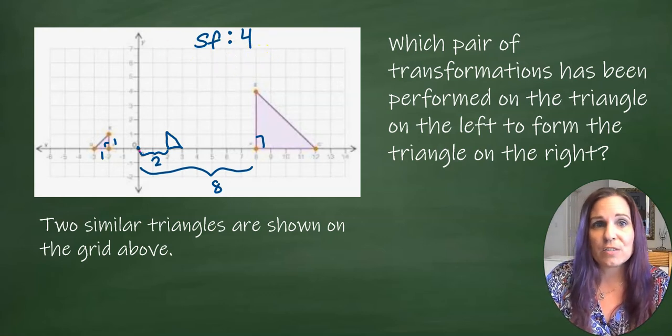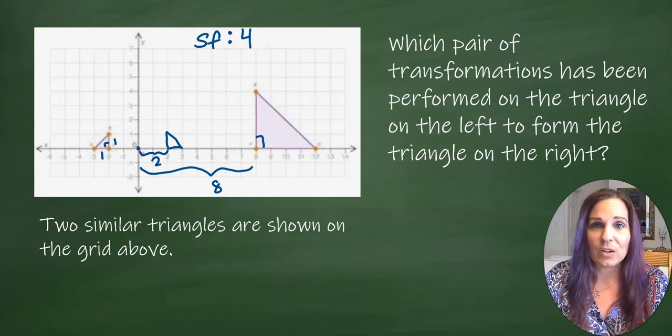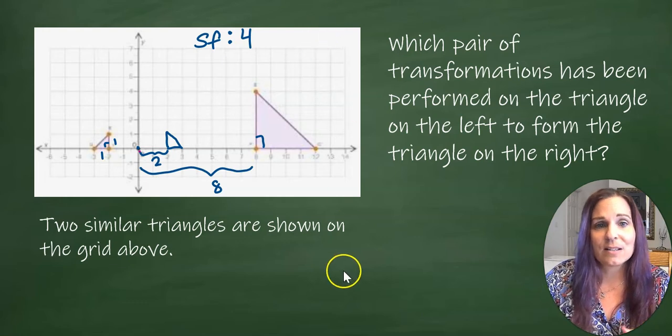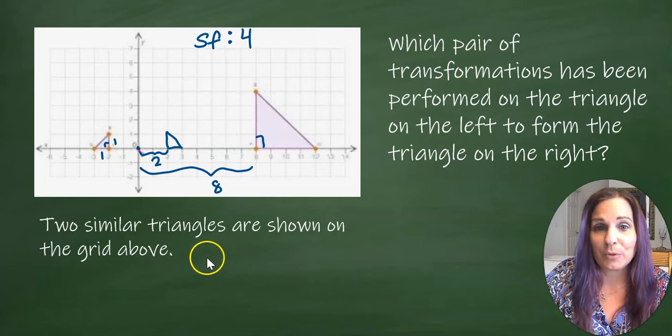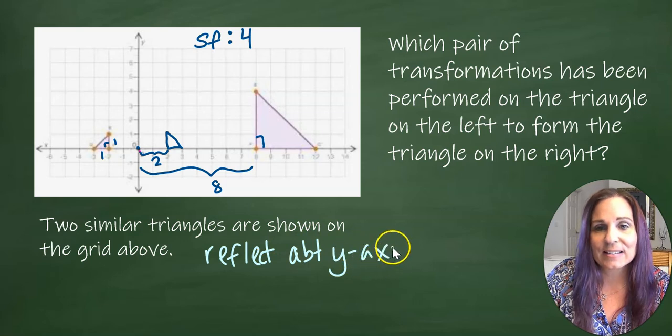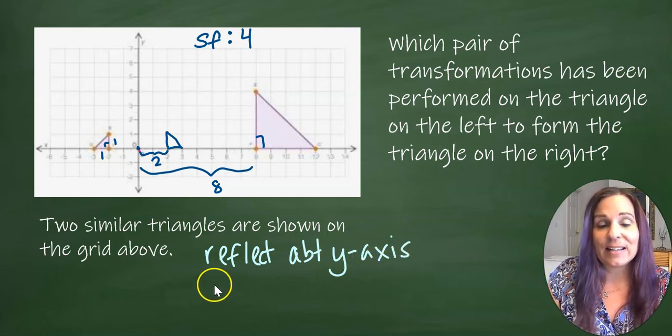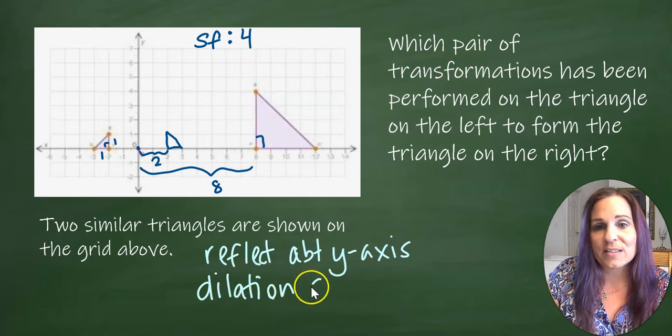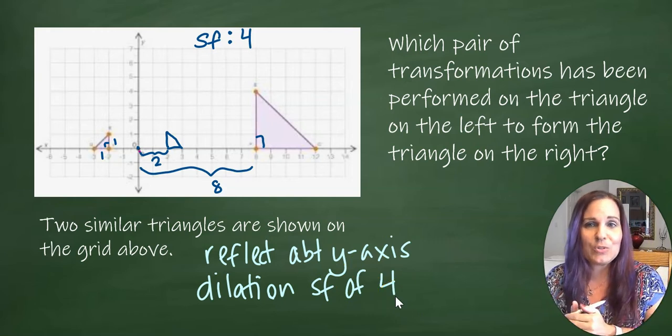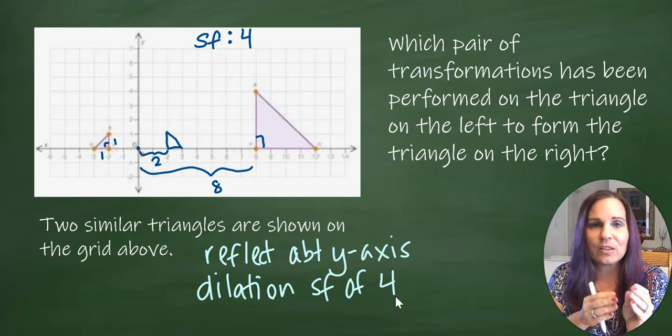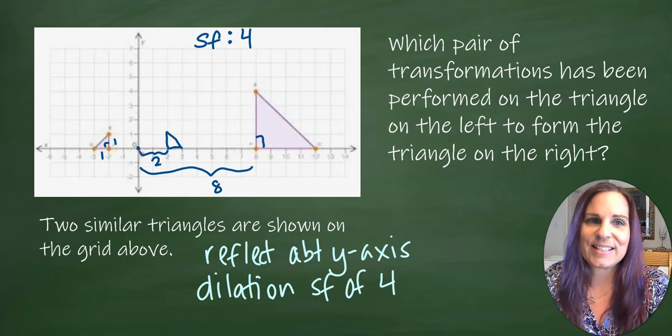So which pair of transformations would take us from the triangle on the left to the triangle on the right? It would be a reflection about, oops, sorry, forgot my C there. Reflect about the y-axis, and then a dilation with a scale factor of 4. Those would be the two transformations that would take us from that little triangle on the left to the much larger triangle on the right.